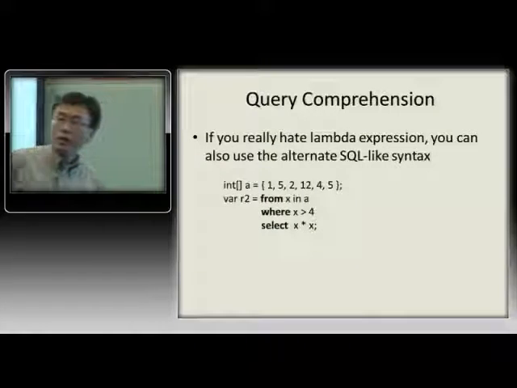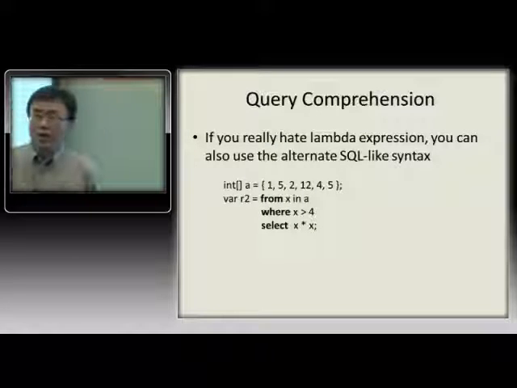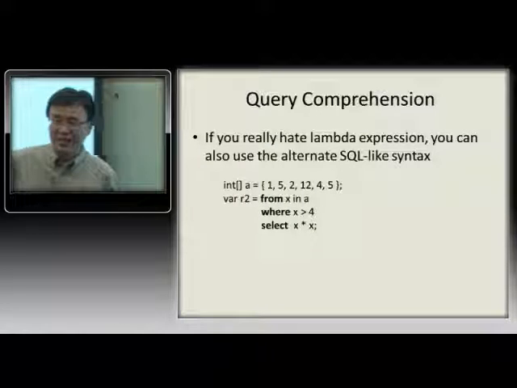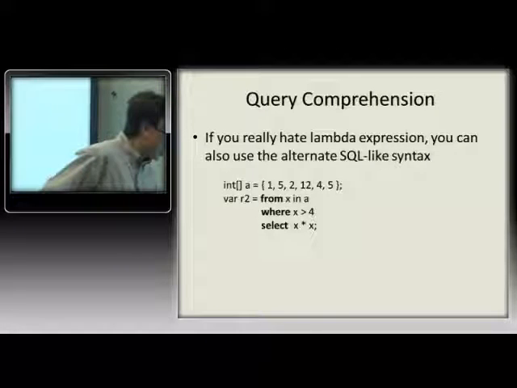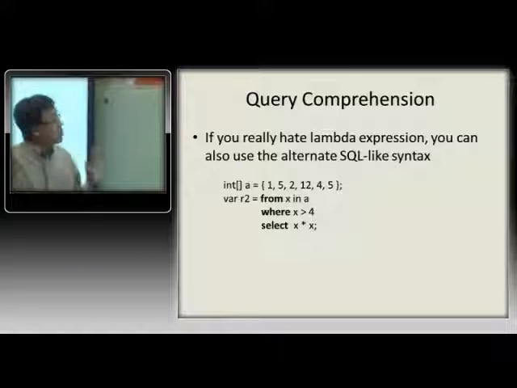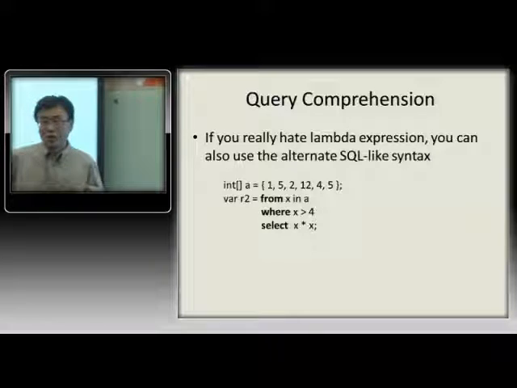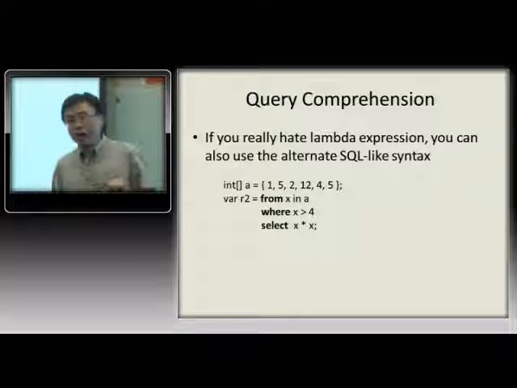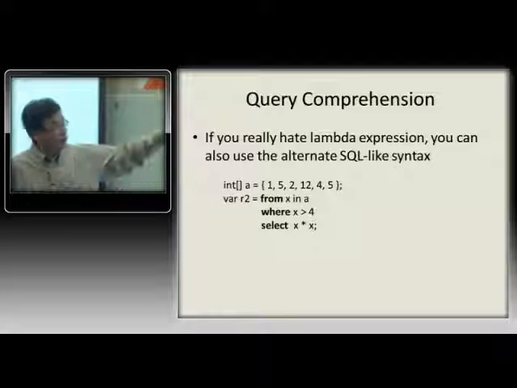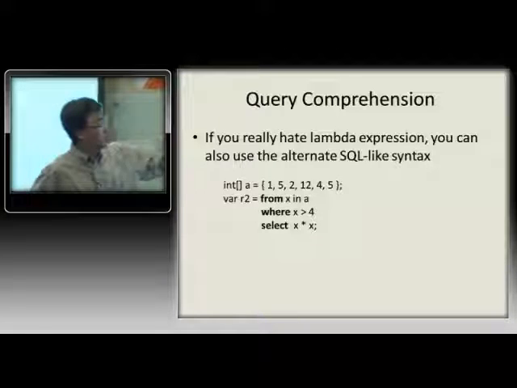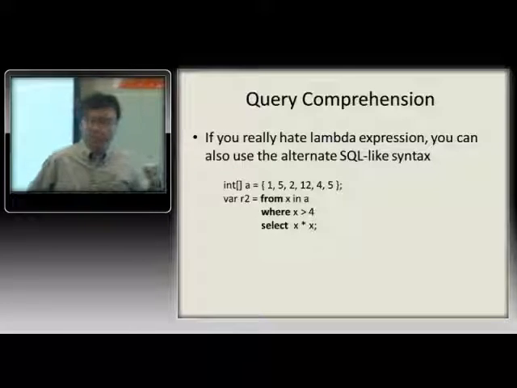This is something like SQL query. It's similar, but you'll see the difference soon. Also, if you really hate lambda expressions, I'm not recommending this SQL-like syntax, but you can write things without lambda expressions.